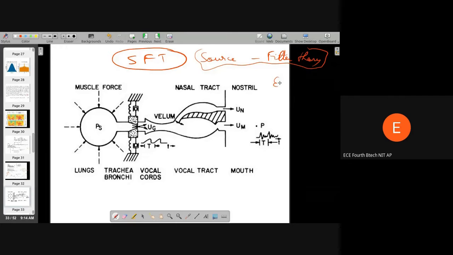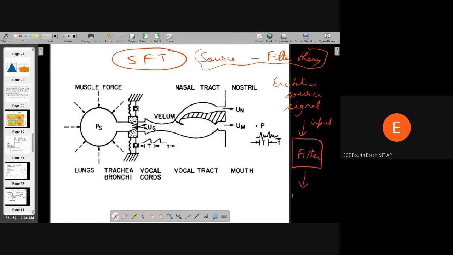Because we will have an excitation source signal which passes through, or is input to, a filter, that is a system, and that results in our speech. How to model the excitation source and how to model the filter, that is what we will cover in today's class.